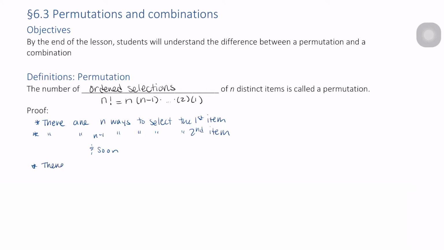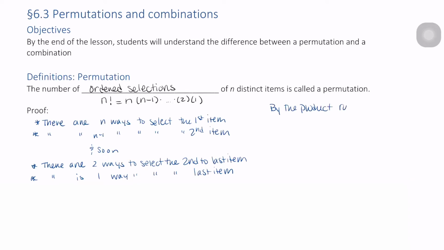In that case, there are 2 ways to select the second to last item. And finally, there is 1 way to select the last item. By the product rule, this means there's n times n minus 1 all the way to 2 times 1 ways to permute these n objects.